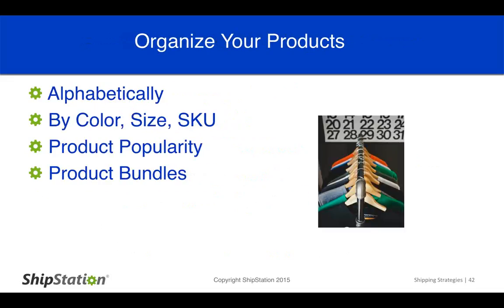Organizing your products is also crucial to your business, especially during an order spike. There are several ways you can sort your products: alphabetically, by item option like color, size, or SKU, by product popularity, or by product bundles such as commonly ordered together items. This probably goes without saying, but it should be so easy for your team to determine where the product they are picking is.